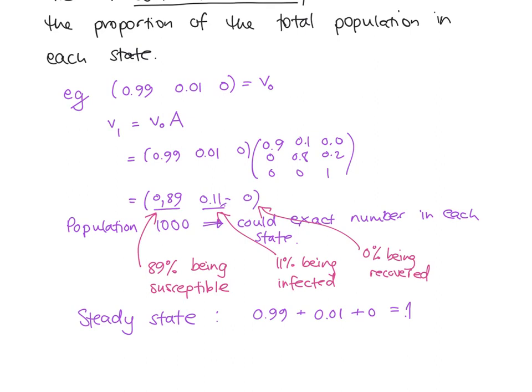So when we have our steady state as a distribution vector, then what we're going to use is that the proportion in each state added together must equal 1. So you always end up with an equation either that the number of people in each state gives you the total population, or that the proportion in each state sums to 1. And you can find your steady state vector.